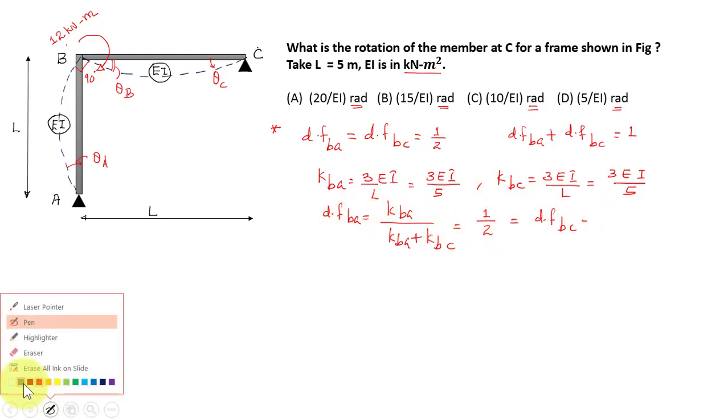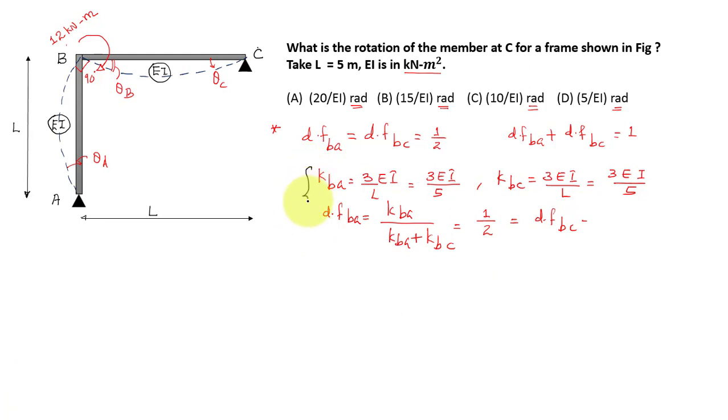But you should not do this calculation in your exam, because it will take some of your time. Before going for any calculation, observe the given question and think for some time whether you should go for any calculation or not. Here you don't need to, and that is why the question is framed like this. The lengths are the same, the far end boundary condition is the same, and EI is uniform, so you should be able to eliminate this step.